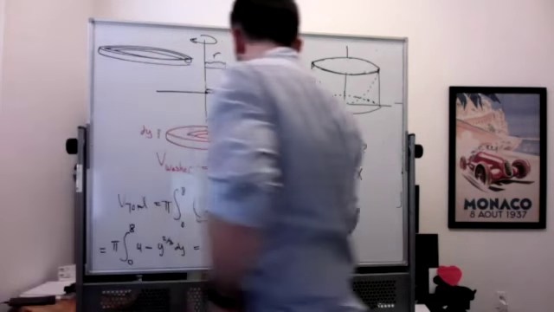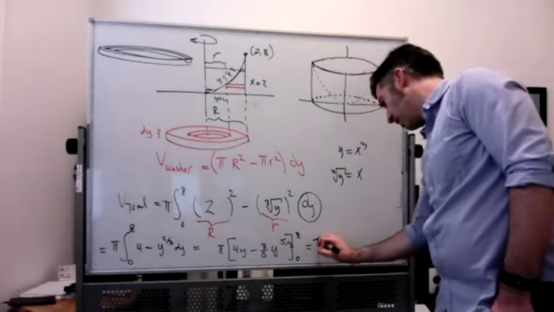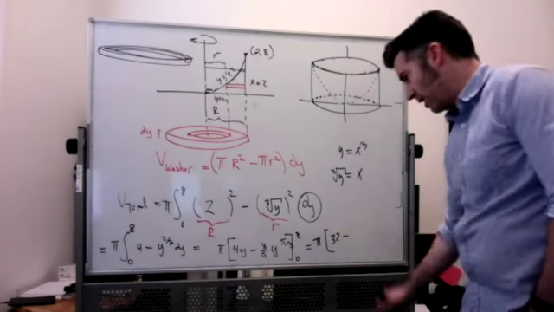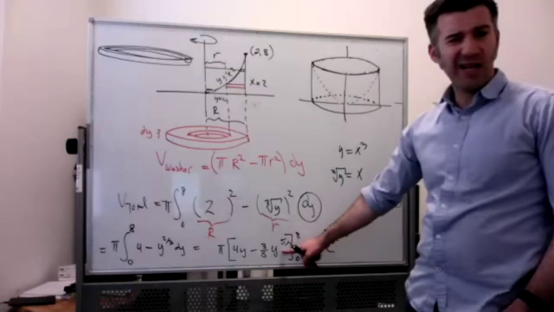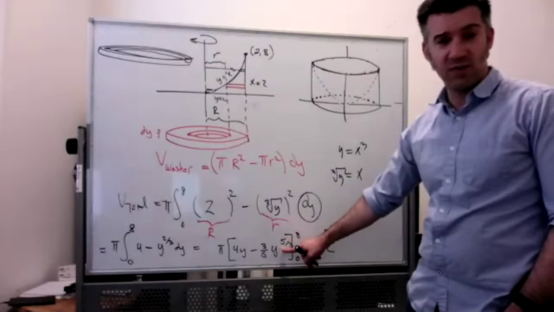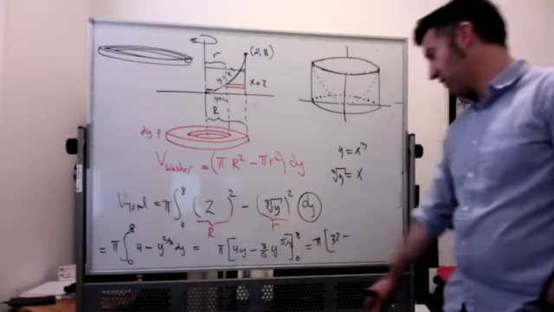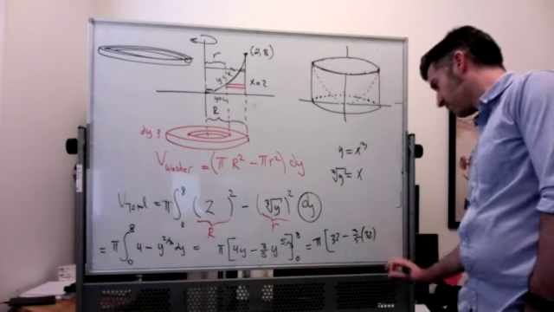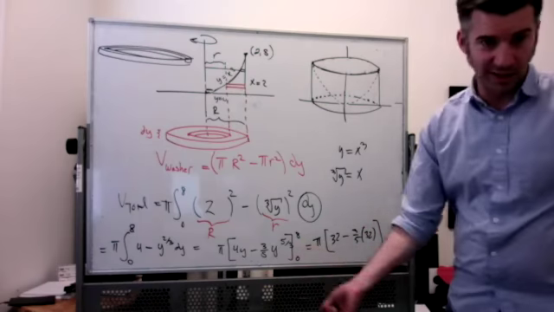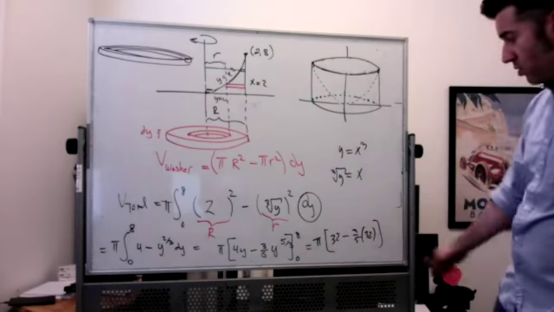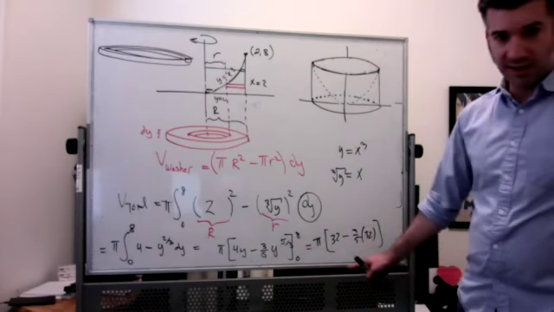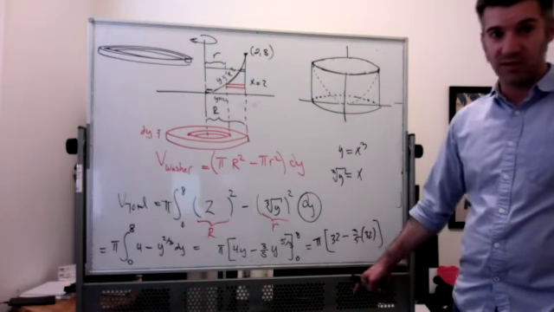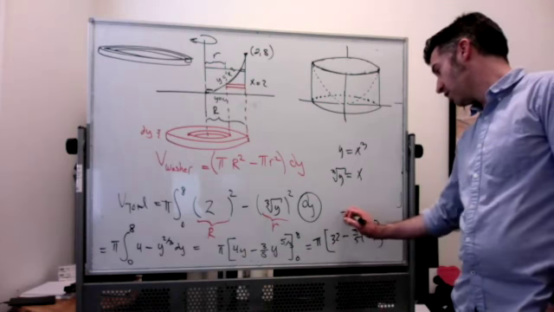Then we plug in the 8 and we get pi times 4 times 8 is 32, minus 8 to the 5/3, which is 2 to the 5th, which is also 32. So it's 3/5 of 32. And plug in 0, you get 0. So this is a number. You could factor out the 32 here and say it's 32 times 1 minus 3/5, which is 2/5. So it's 32 times 2/5, which is 64/5.